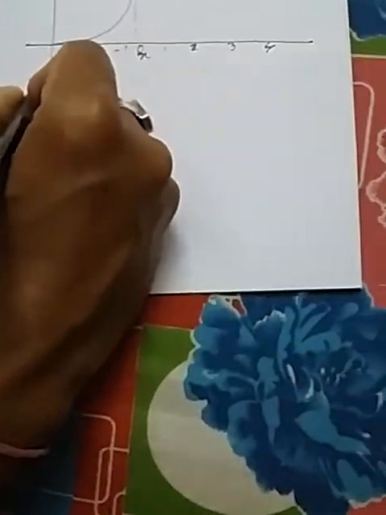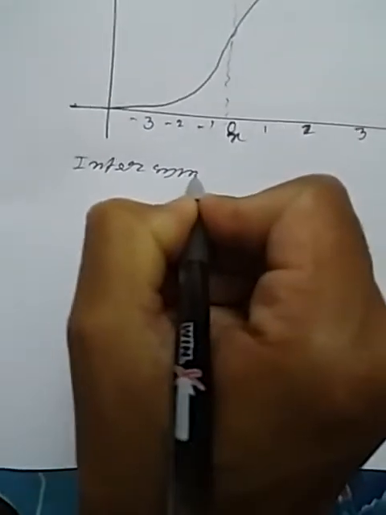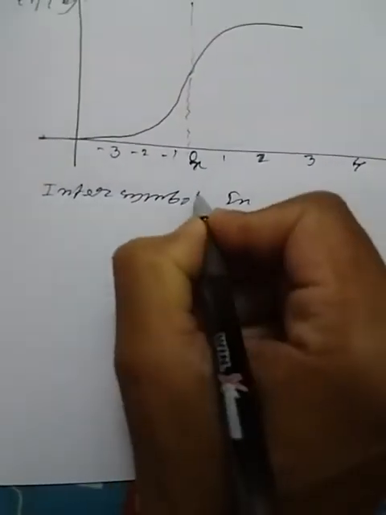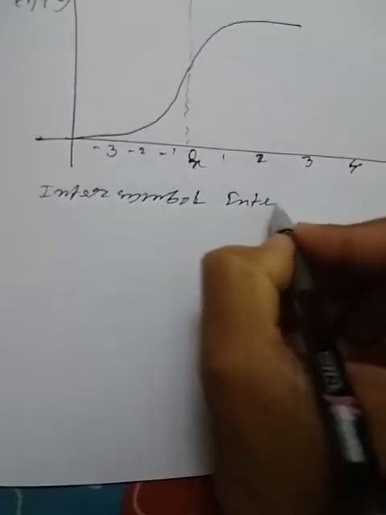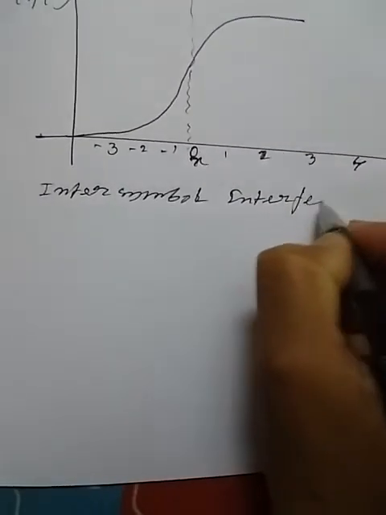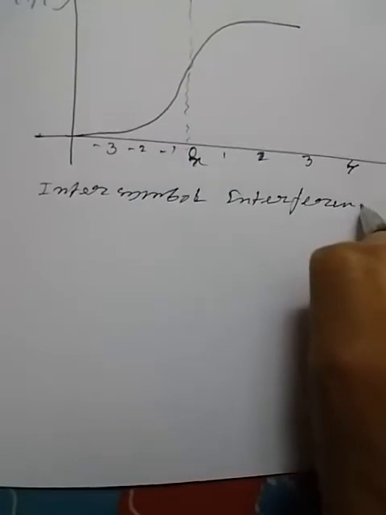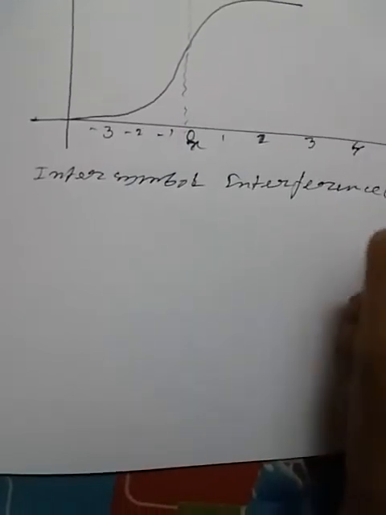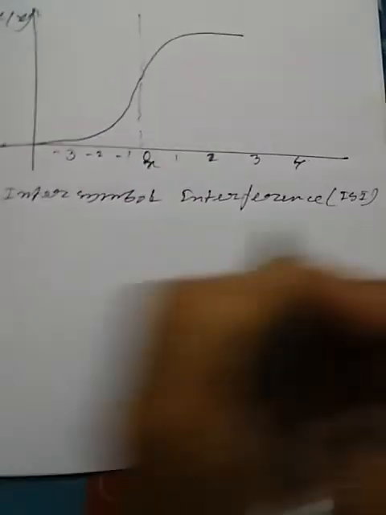So what is inter-symbol interference, or in abbreviation form it is ISI.